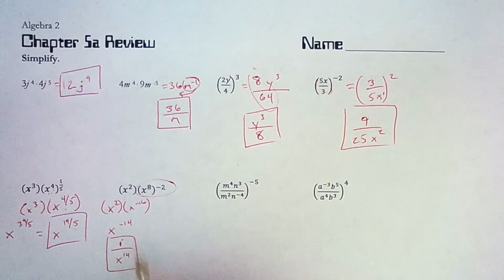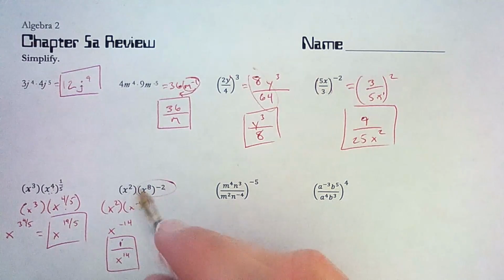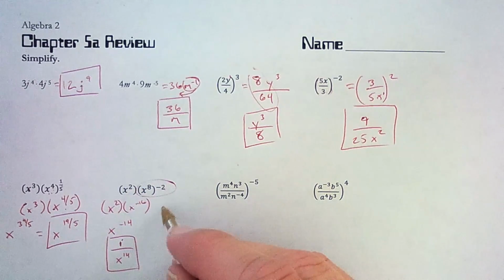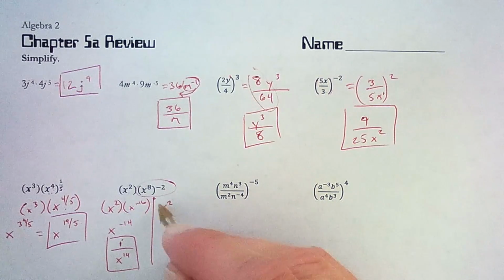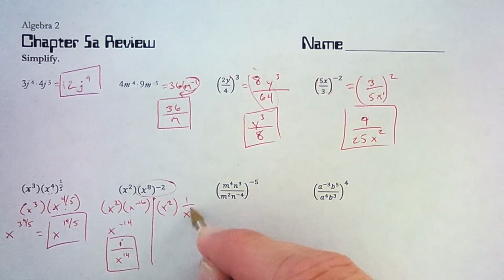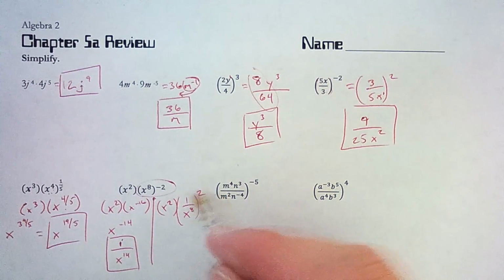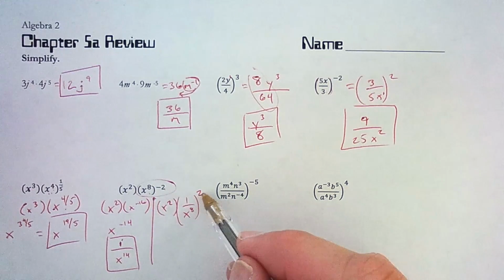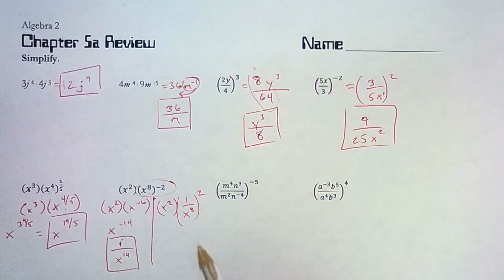Another way we could do it is x squared times, and then I could change this to 1 over x to the 8th. And now, because I flipped this, the power becomes positive.